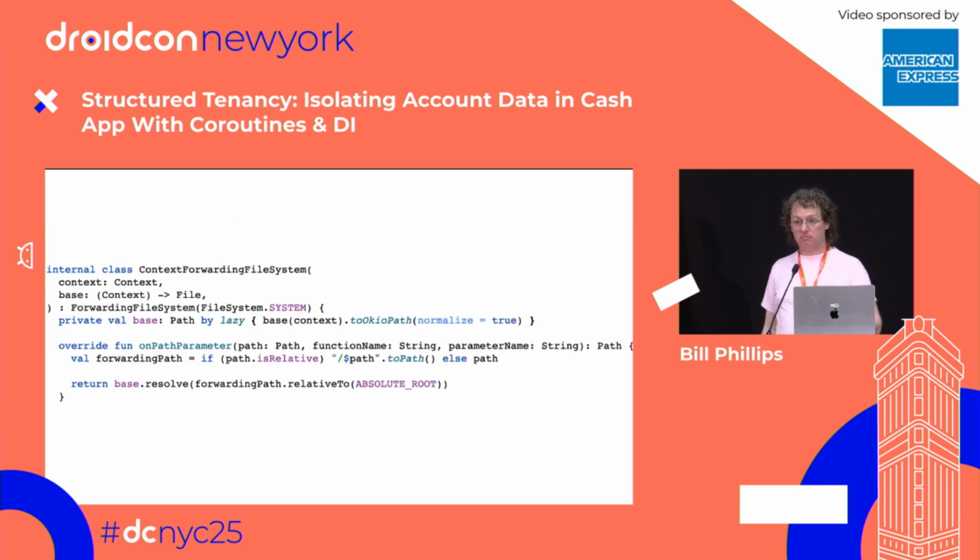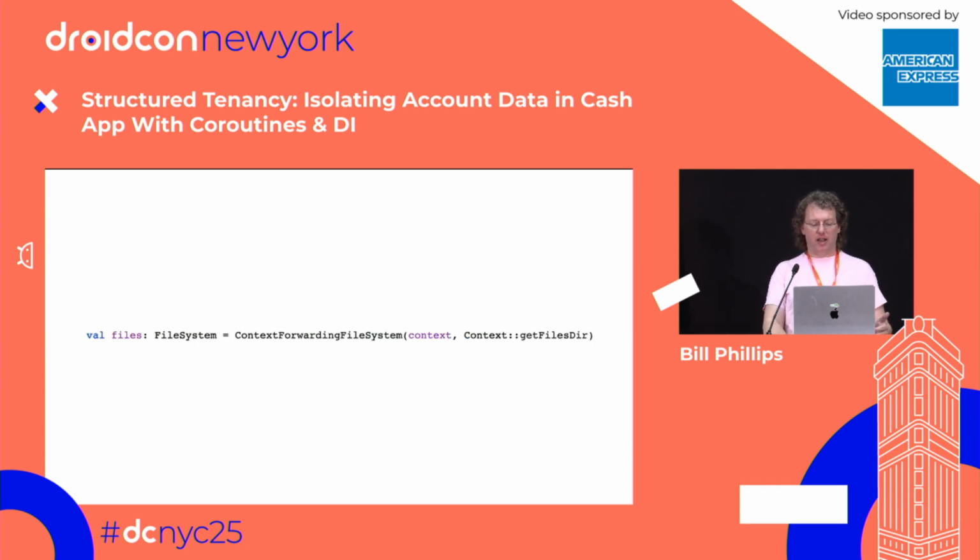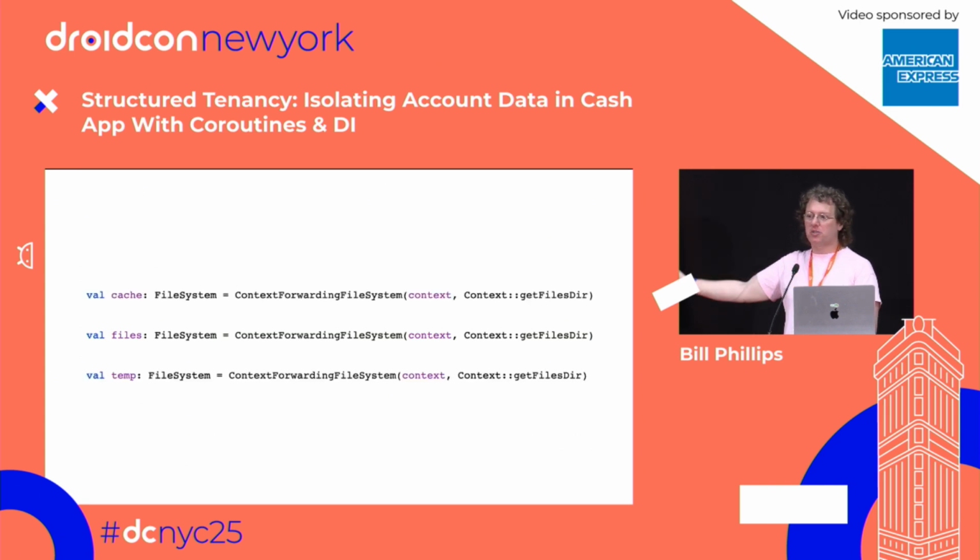Now it turns out, Okio has this really cool tool called ForwardingFileSystem. And in ForwardingFileSystem, when a path is requested, you can rewrite it. So that's what we're doing here, is we're forcing this path back into the sandbox and rerouting it and resolving it. And we create a different instance of this where files, cache, temp, these correspond to the same methods on context.